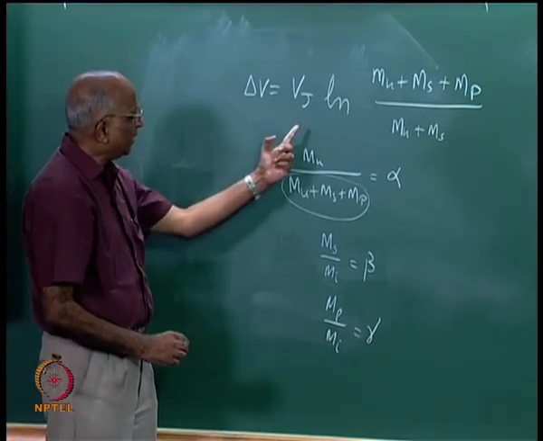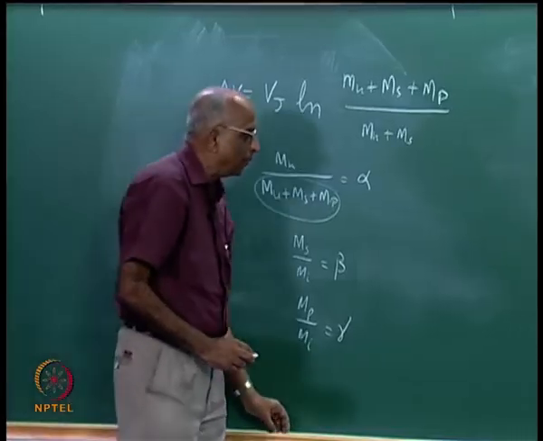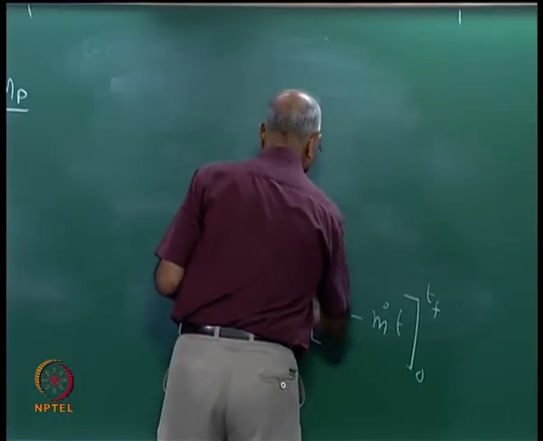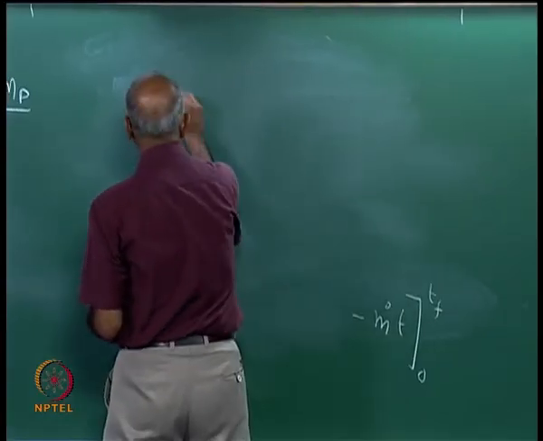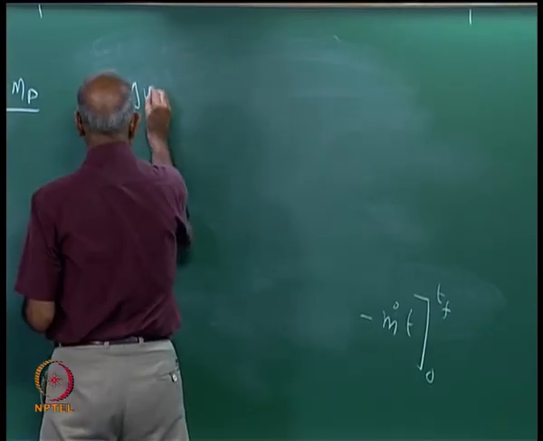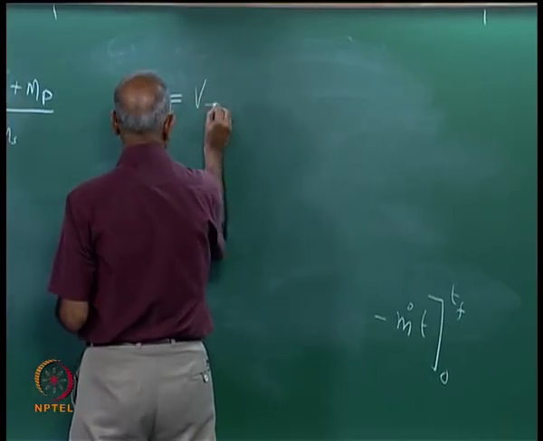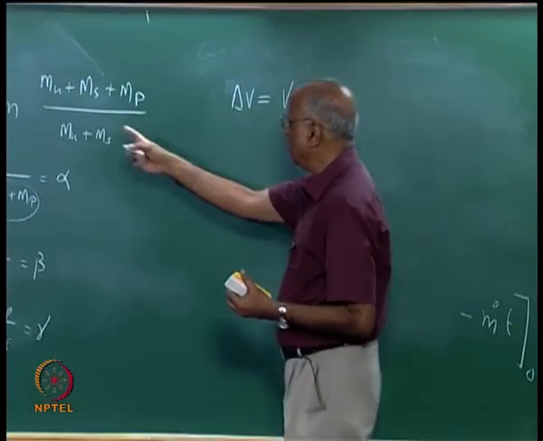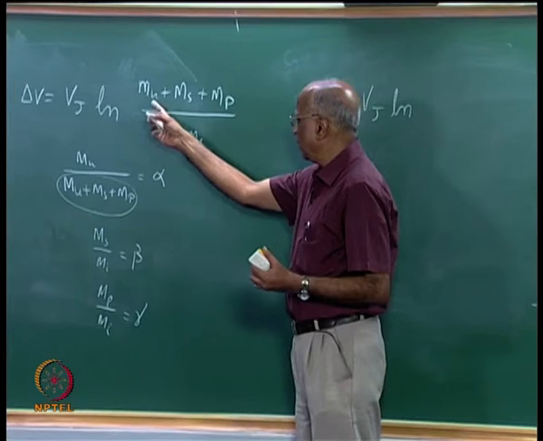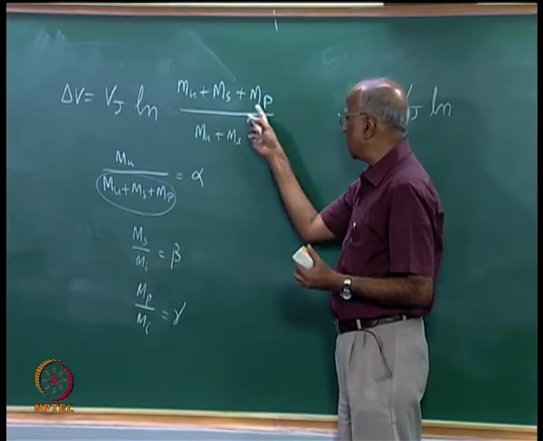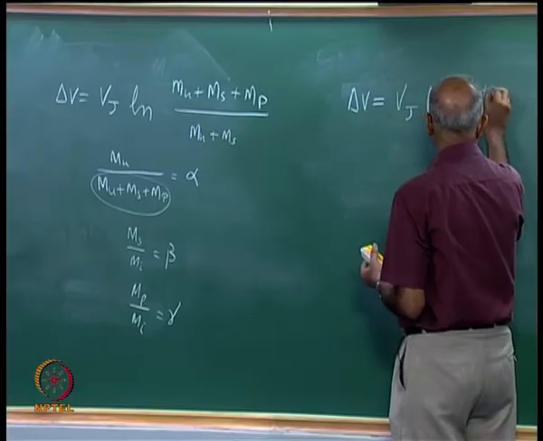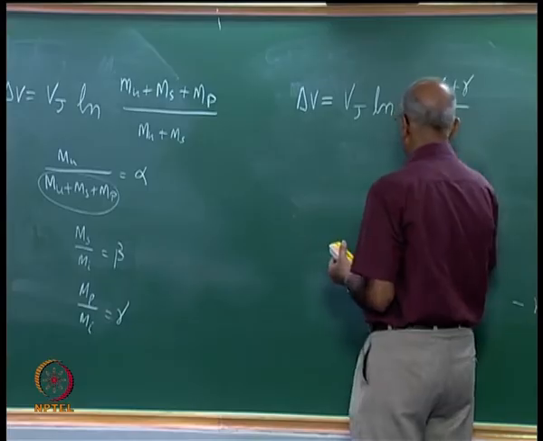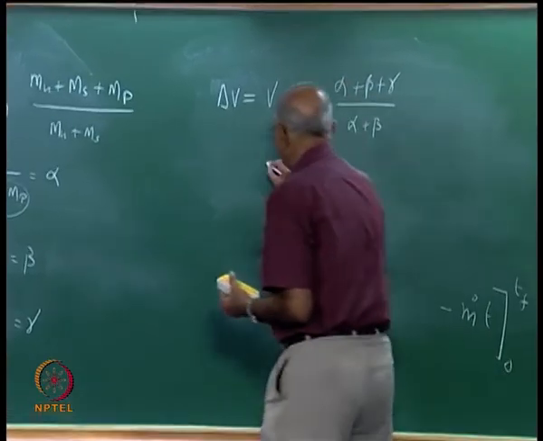and therefore I get this equation simplified into delta V is equal to Vj ln of what will happen. Mu, I divide Mu by Mu plus Ms plus Mp, I get alpha plus beta plus gamma divided by alpha plus beta, and what is the value of alpha plus beta plus gamma equal to?